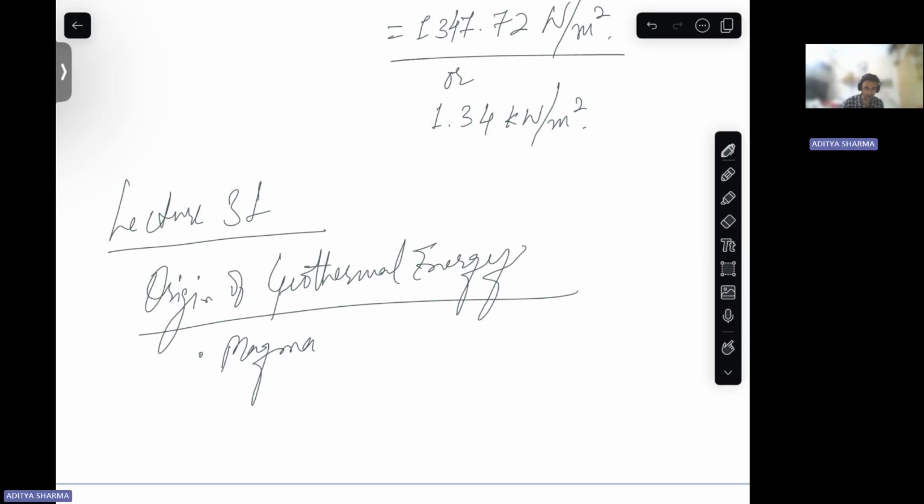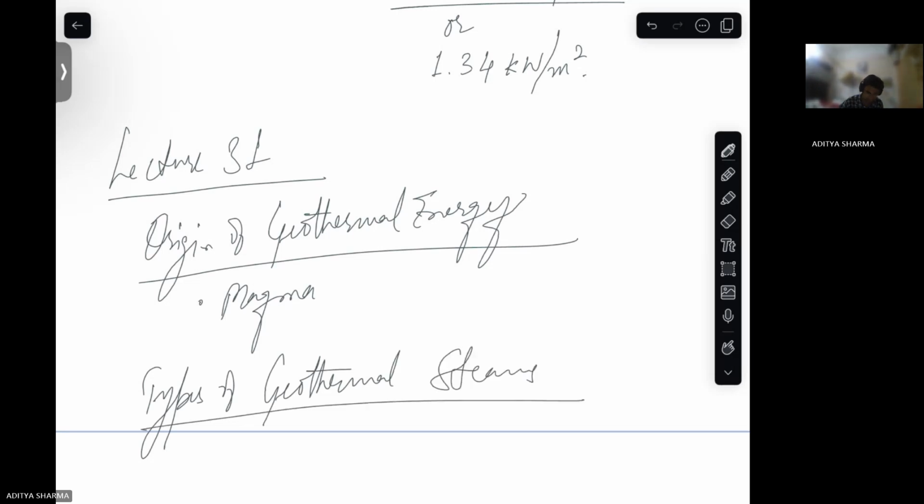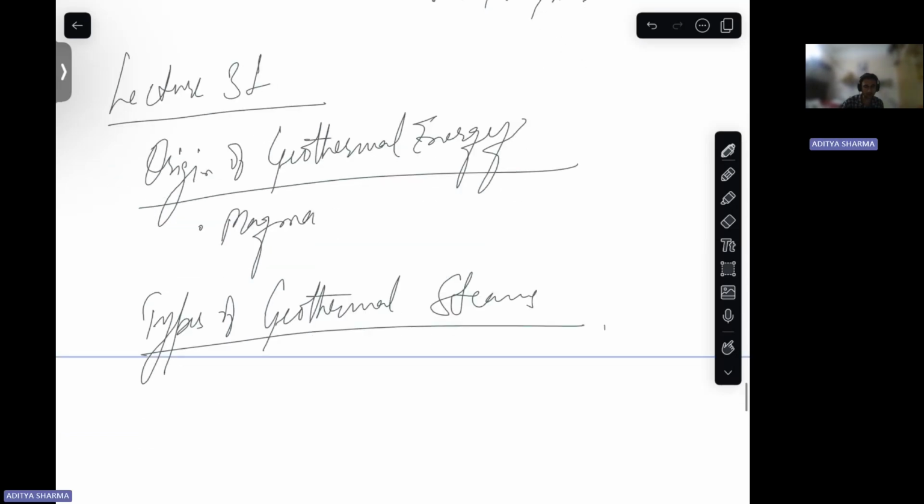Then your types of geothermal steams. So there are two types. One is your magmatic, and the other is meteoritic.